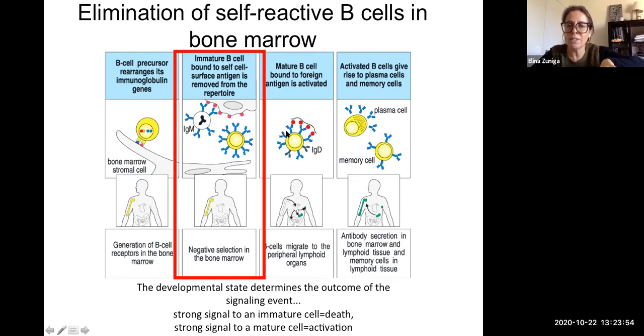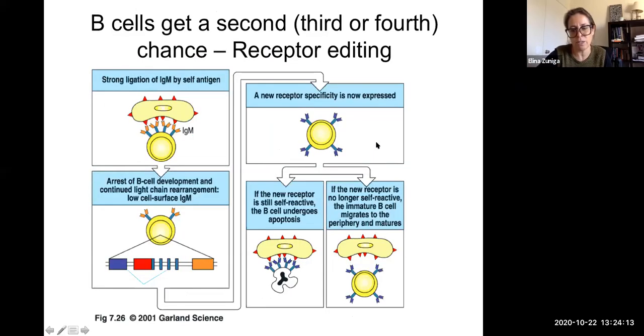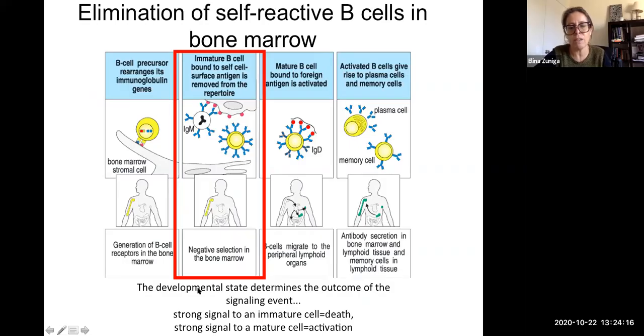Now, when these mature B cells engage the BCR with an antigen, the consequence is not death, it is activation, clonal selection, and differentiation into plasma cells that will produce antibodies. So it's an interesting contrast how the developmental state of the B cell, whether it is immature or mature, will determine the outcome of engaging the BCR with its specific antigen.